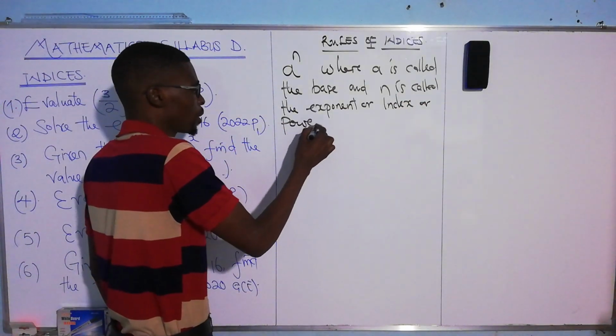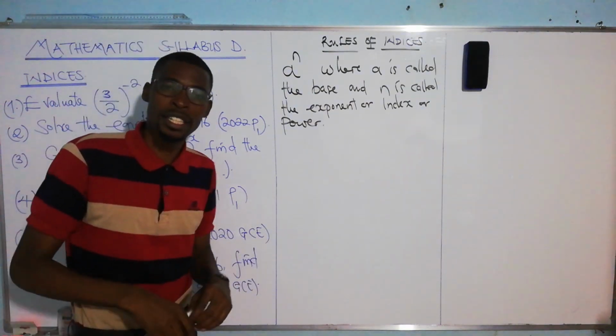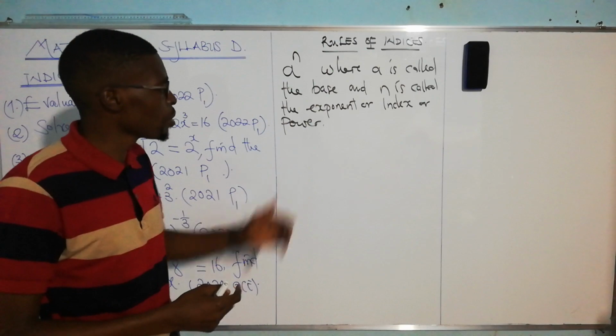You can say power. So n is called the exponent or index or power.